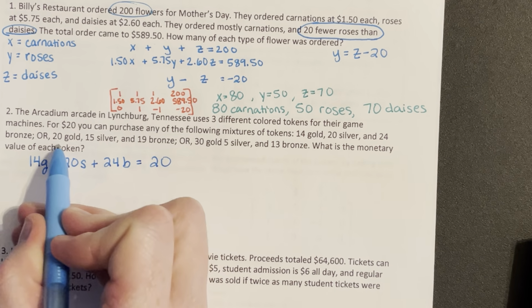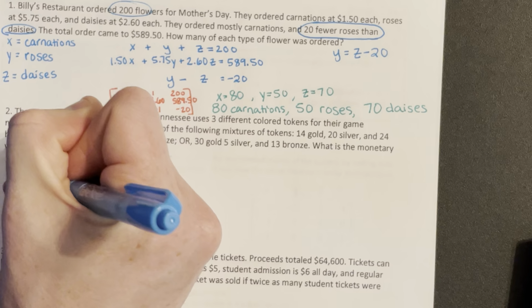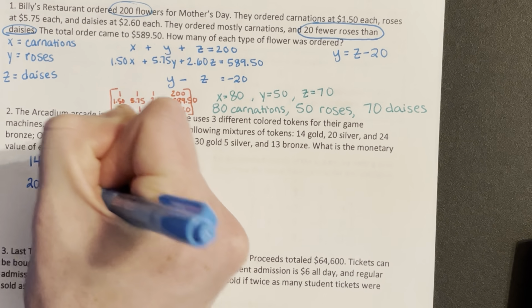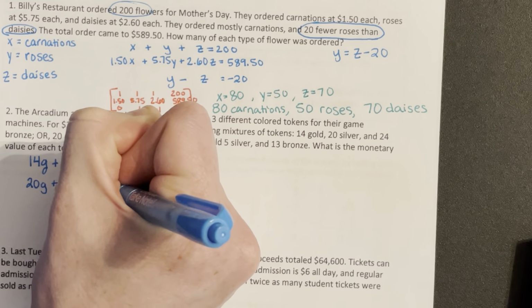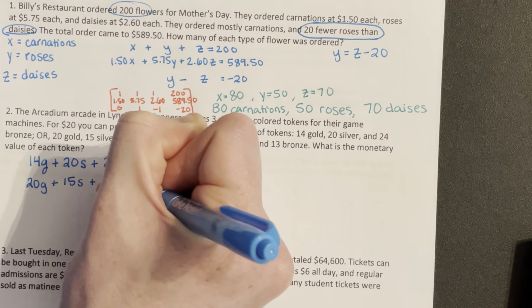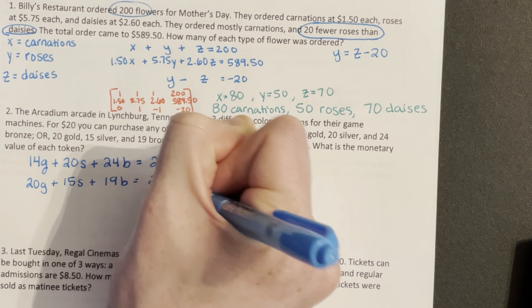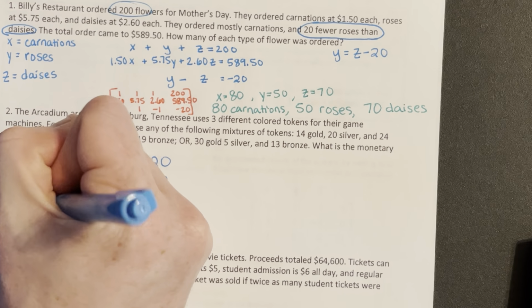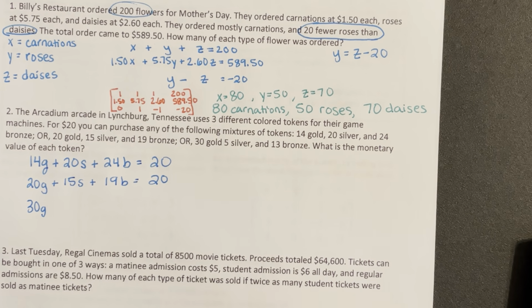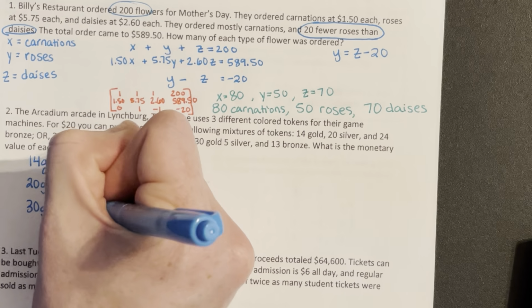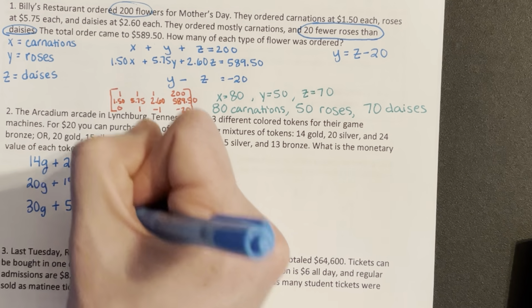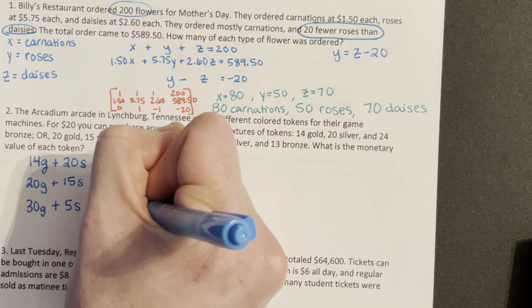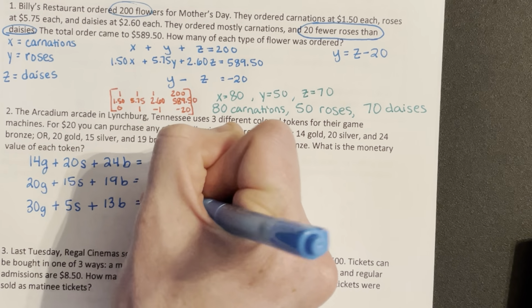We also have 20 gold, 15 silver, 19 bronze, so 20 gold plus 15 silver plus 19 bronze is still $20. And then 30 gold plus 5 silver and 13 bronze is $20.